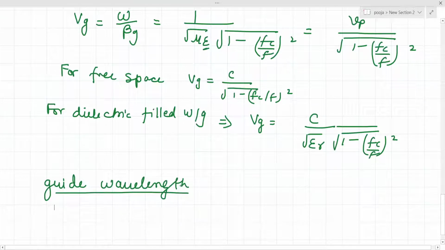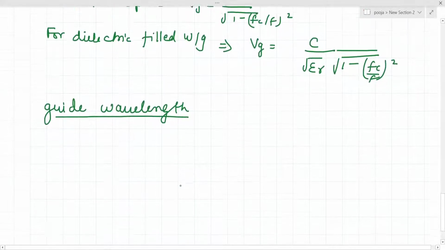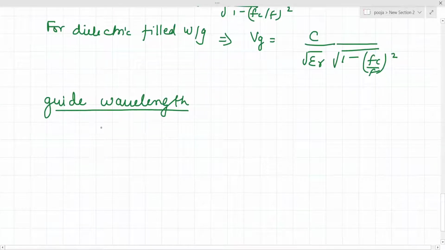Lambda g. What is lambda g? You can write it directly or you can derive it like this. How do you define lambda g? It is 2 pi by beta g, or beta g is 2 pi by lambda.